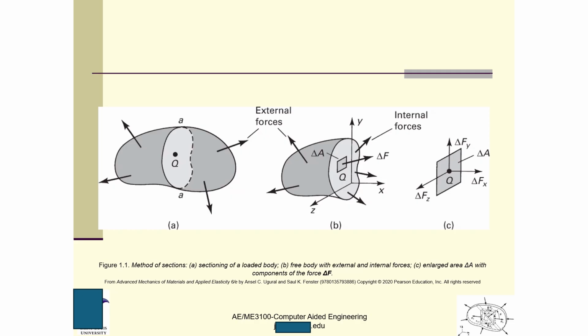Suppose here is a very small, tiny area, and on this tiny area there is a force delta F, and the area is delta A. We take out this tiny area, and this force has three components: one in the x coordinate, a second in the y coordinate, and a third in the z coordinate.